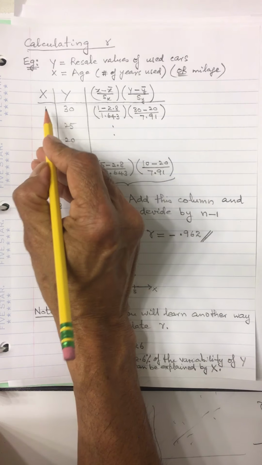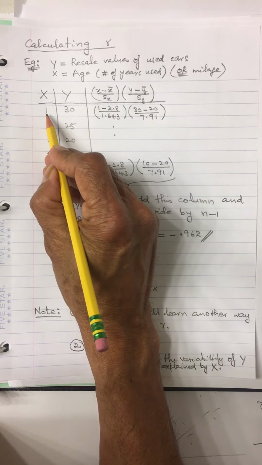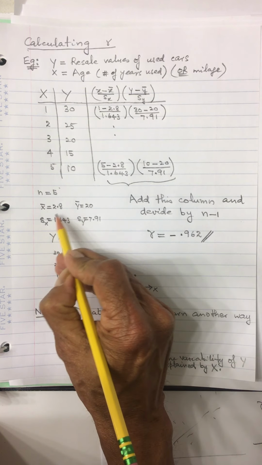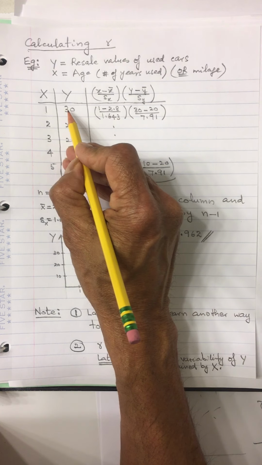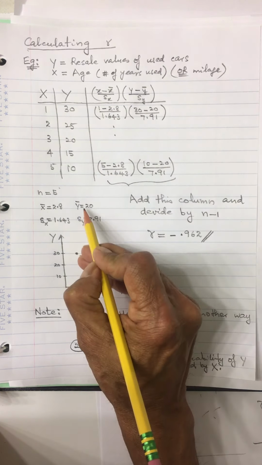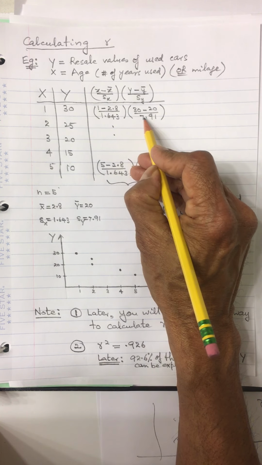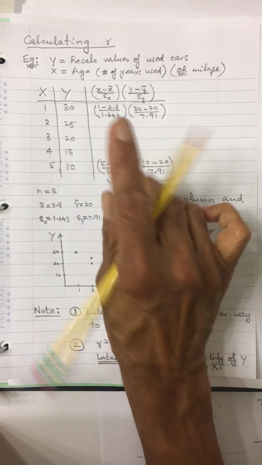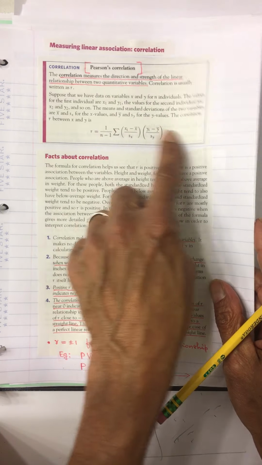For the x values, it is 1 minus the mean, divided by the standard deviation, which is that. Do the same thing for the y value: 30 minus the mean, 20, divided by the standard deviation, 7.91. The product is that for the first data point.